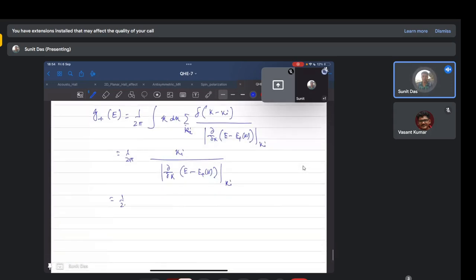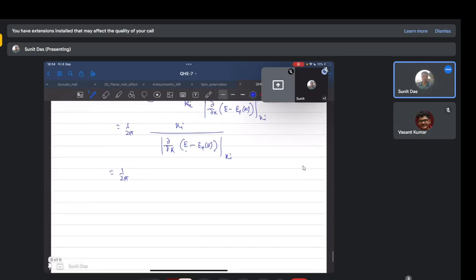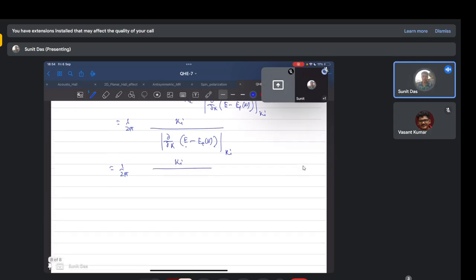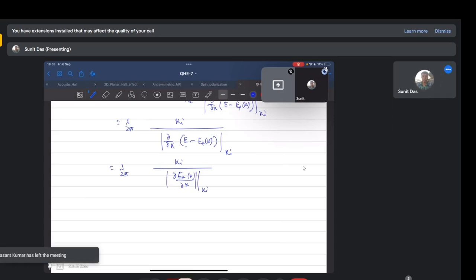So this will be 1 by 2 pi, minus m alpha, or rather let me simplify more. E is some constant independent of k, so this will simply be ki times the mod of del E plus of k by del k at ki.